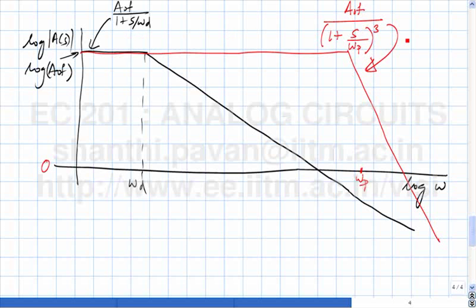So if I now cascade the original system with 1 over 1 plus S by omega d, since these are all log plots, it is simply addition of, not these two curves. I have already accounted for A naught F by 1 plus S by omega d.